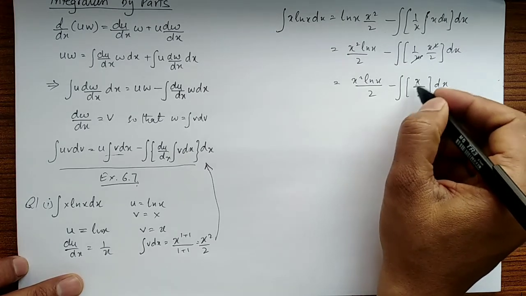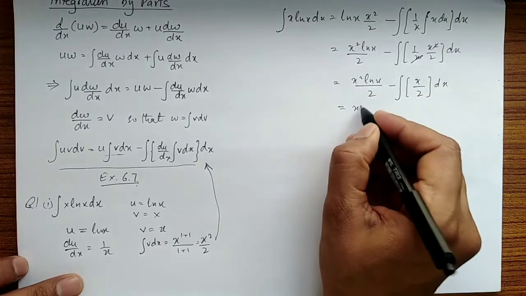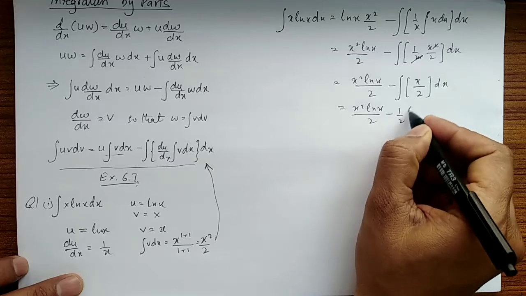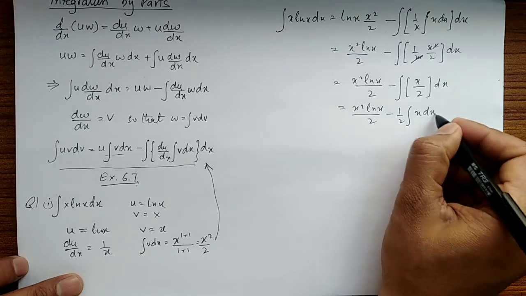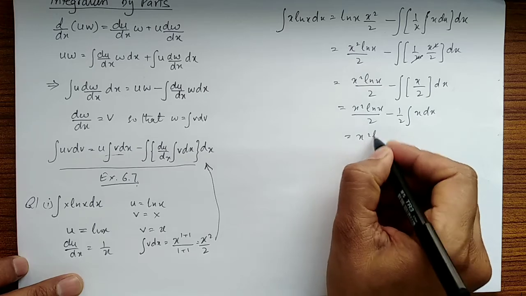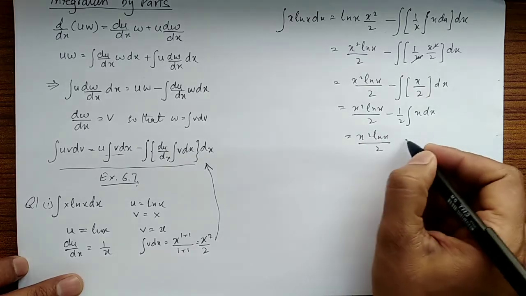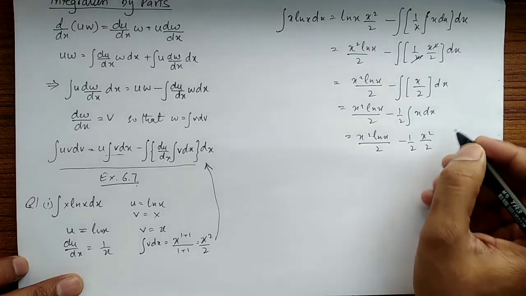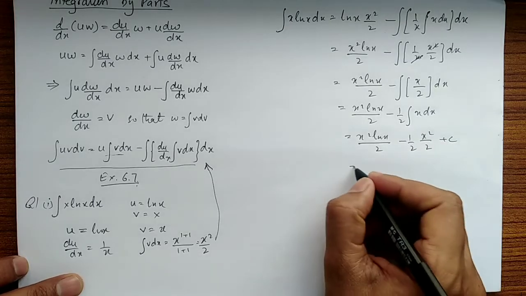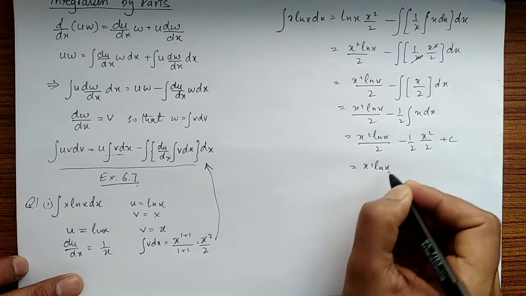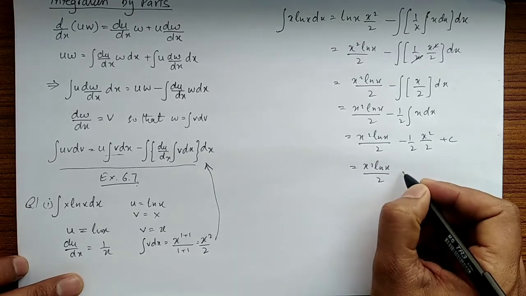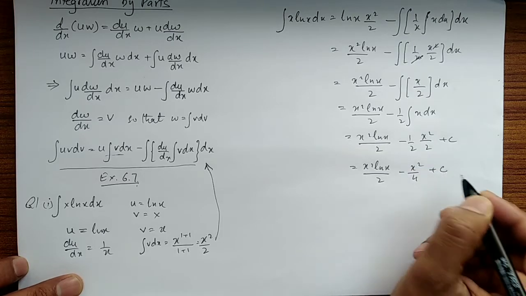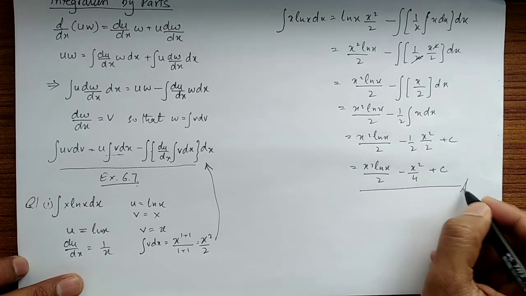Take this 1 upon 2 outside the integral: x square ln x upon 2 minus 1 upon 2 integral of x dx, that is x square upon 2, plus c. So x square ln x upon 2 minus x square upon 4 plus c. So this is our final answer.